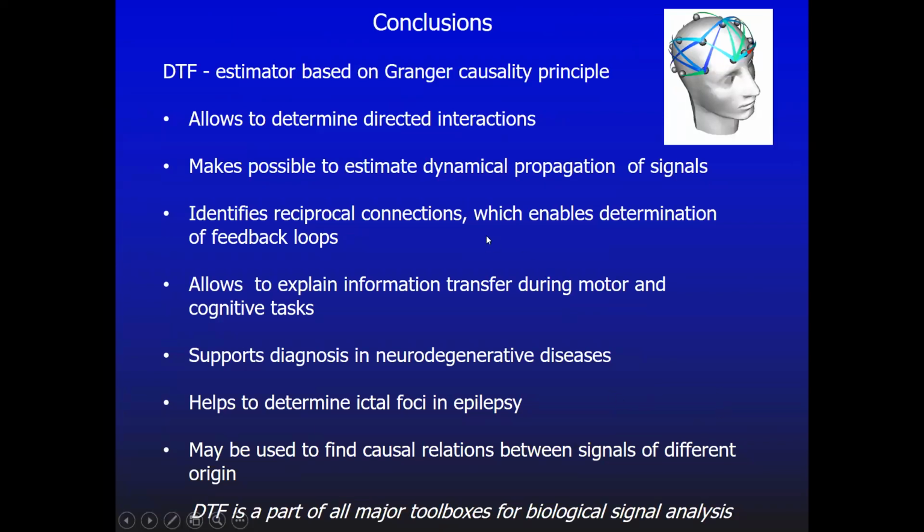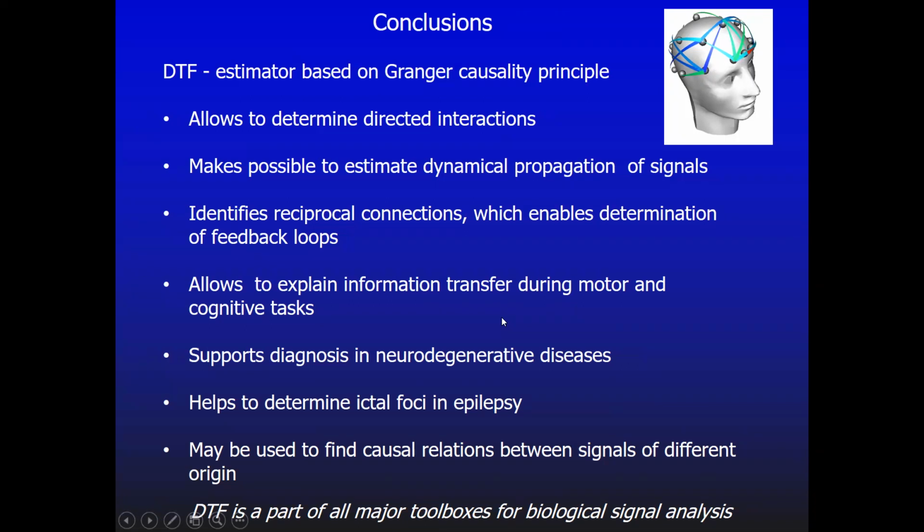Now let's come to the conclusions. The DTF estimator based on the Granger causality principle allows us to determine directed interactions, makes it possible to estimate dynamical propagation of signals, and identifies reciprocal connections, which enables determination of feedback loops, and that is especially, I would say, interesting.